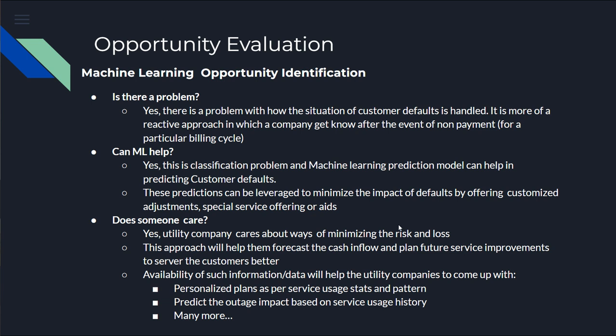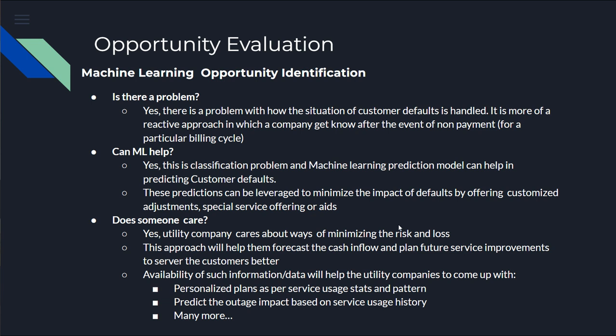So, in order to predict whether a customer will default or not, we can leverage the capability of machine learning. Machine learning opportunity identification of this problem statement. Is there a problem? Yes, there is a problem with how customer defaults are handled.